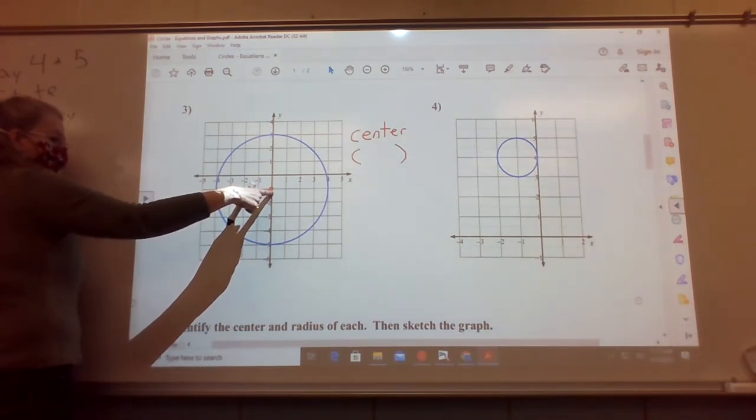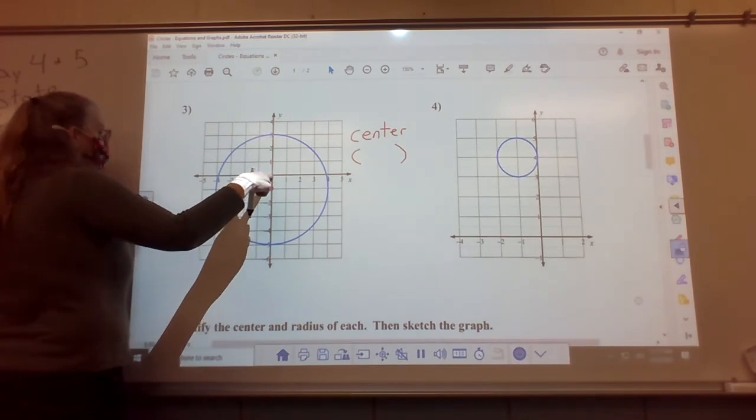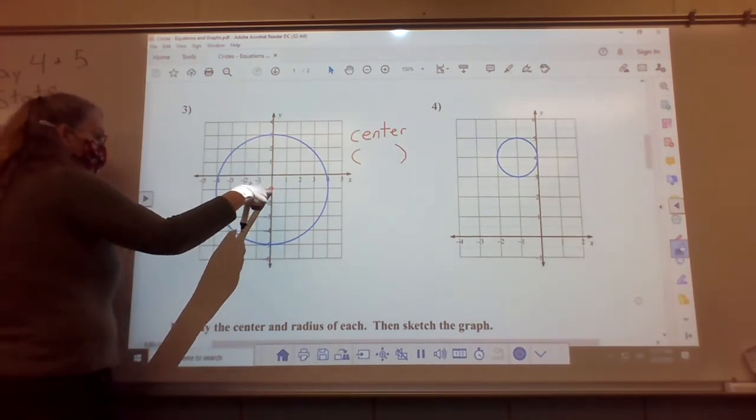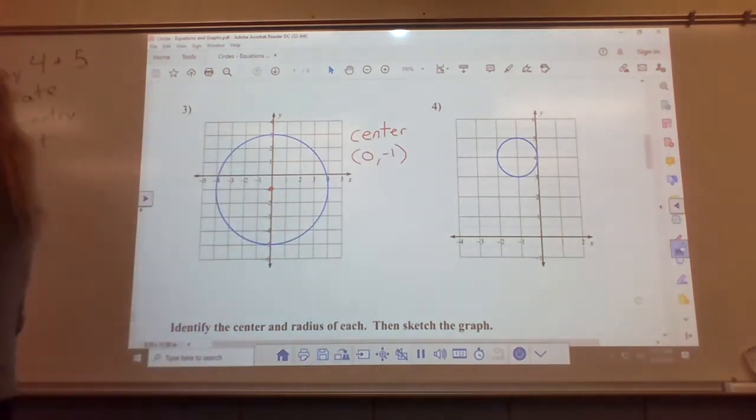What's the ordered pair? 0, -1. And be real careful that you get them going the right way. I've seen a lot of people, when I was glancing through papers, that kind of switch those two numbers. It didn't have to go sideways. It only went down 1. So 0, -1.